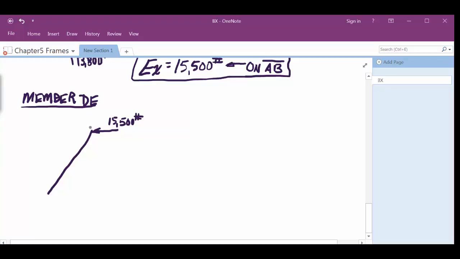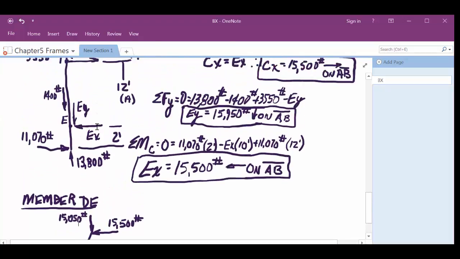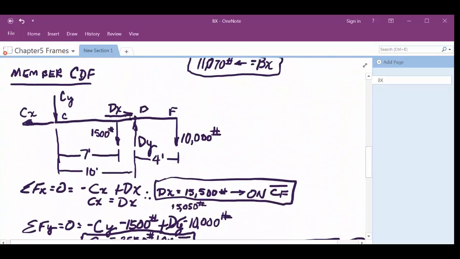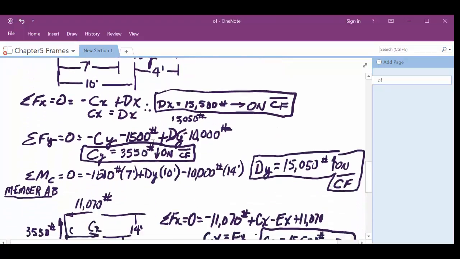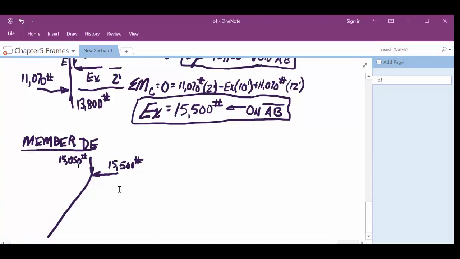Was it pushing back down? 15,050. Okay. Well, now why is that pushing down? Remember, it's what the other member is doing to this, right? So D, in this case, D was going to the right and up because that's what the brace was doing to hold it up. So if that's what the brace was doing to hold it up, that 10,000 pounds is making this thing want to squeeze that back down, isn't it? And it's also pushing it to the left.